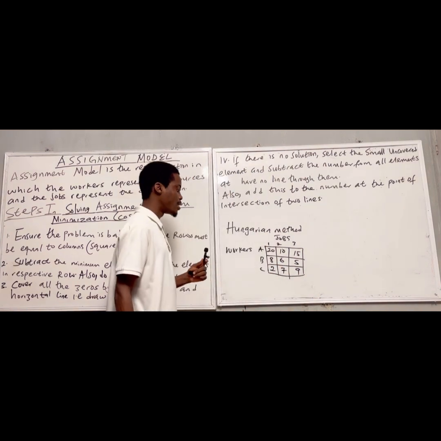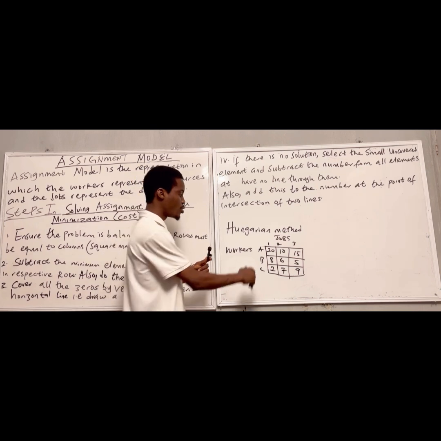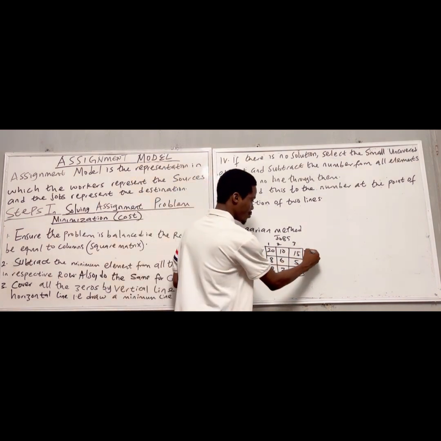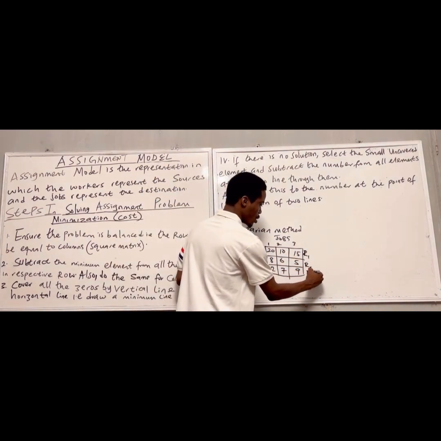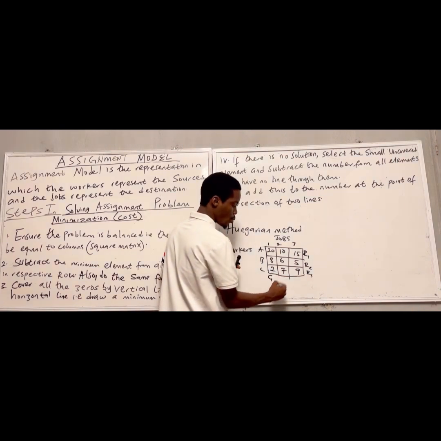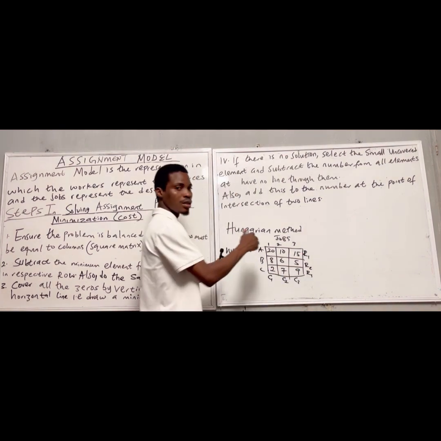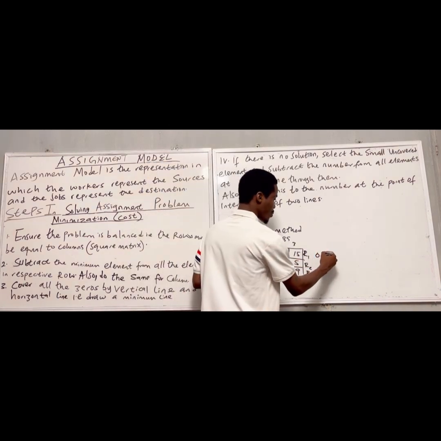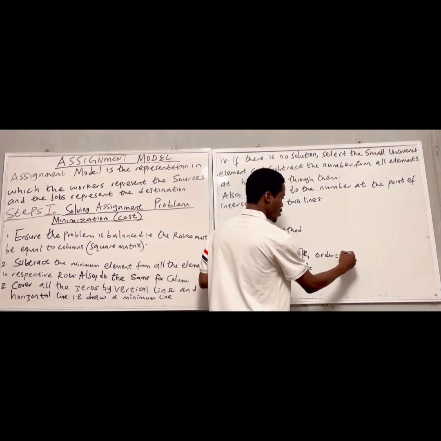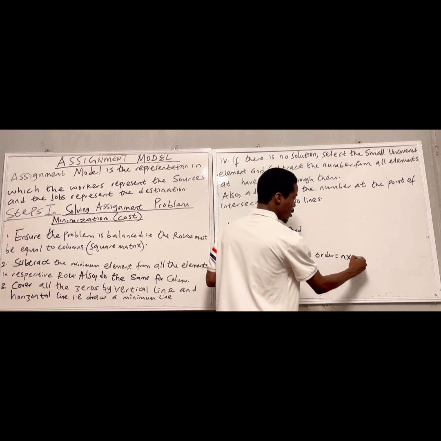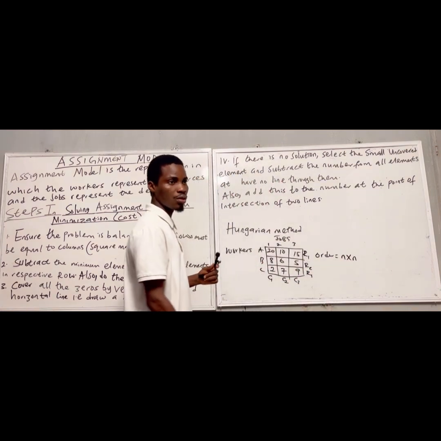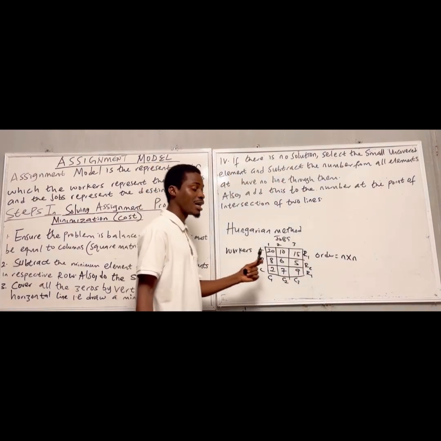If you check the number of rows here, this is row 1, row 2, row 3, and this is column 1, column 2, column 3. You can see that the order of this matrix is n by n, or m by n, and they are equal.